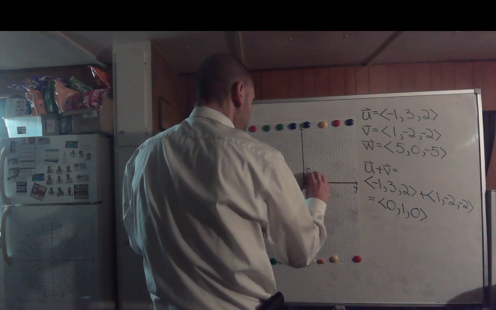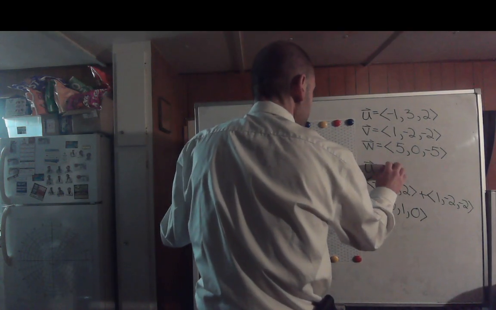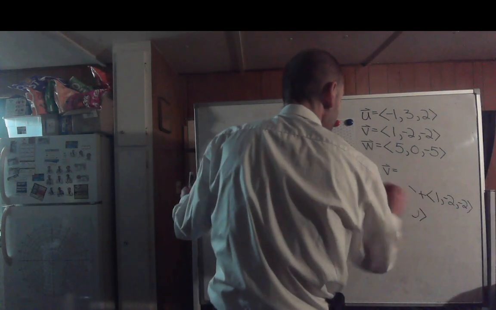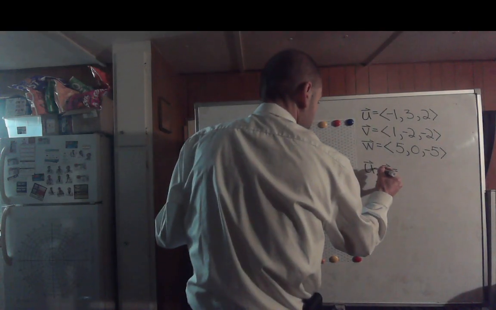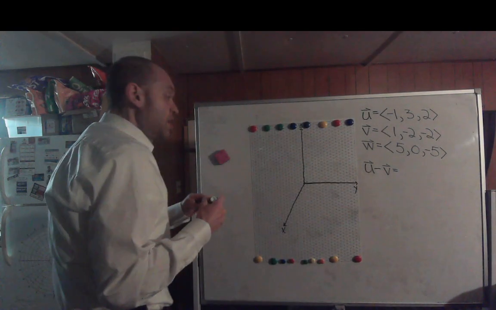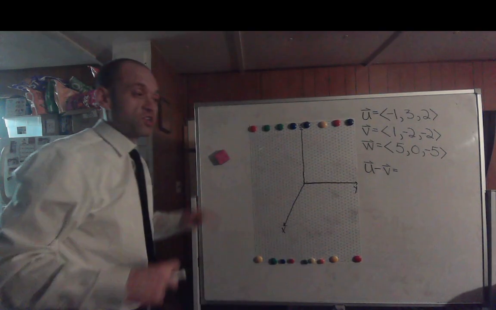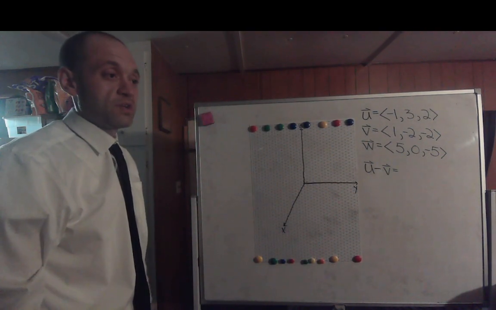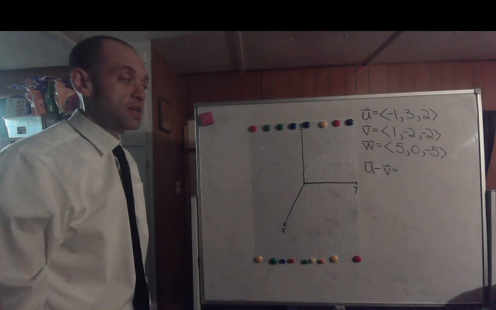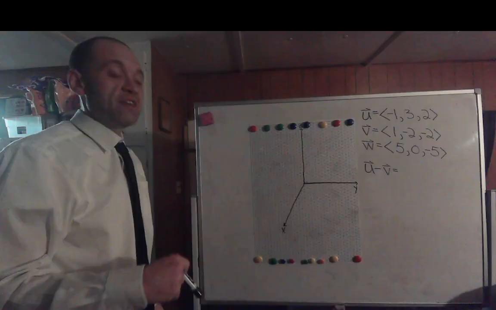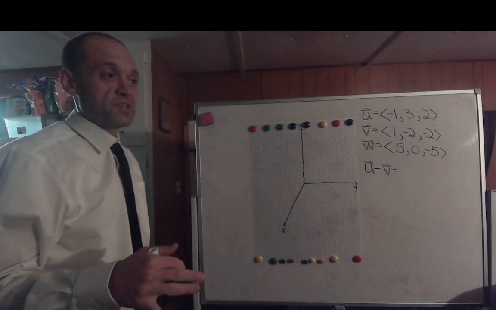Now, what if we flip this around a bit? What if we do u minus v? In truth, there is no such thing as vector subtraction. There is no real such thing. But let's just dive into general subtraction for a second.